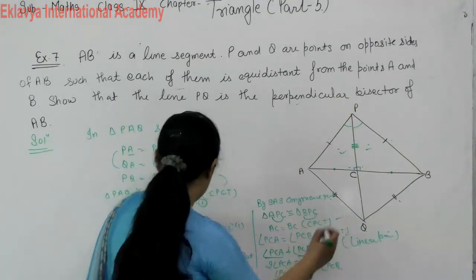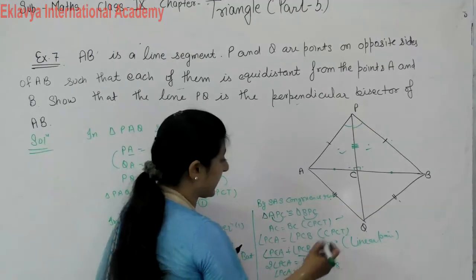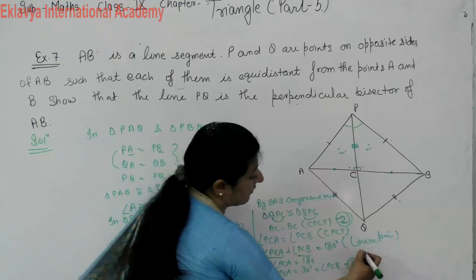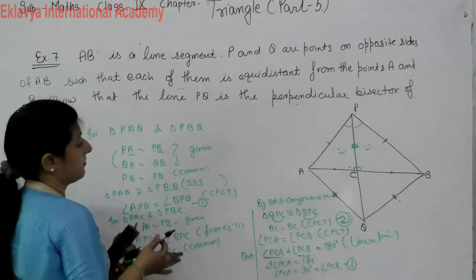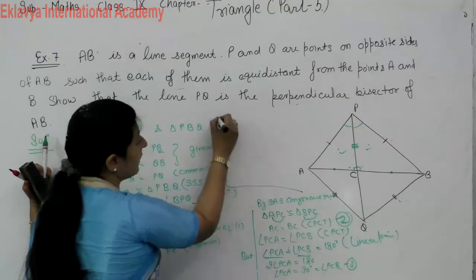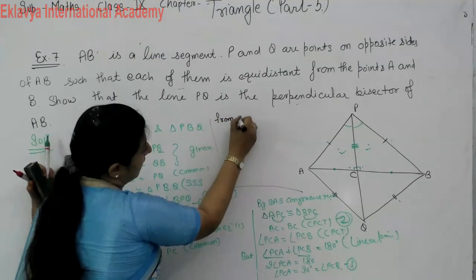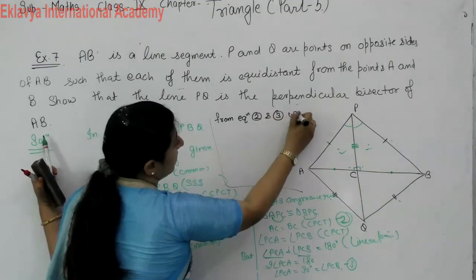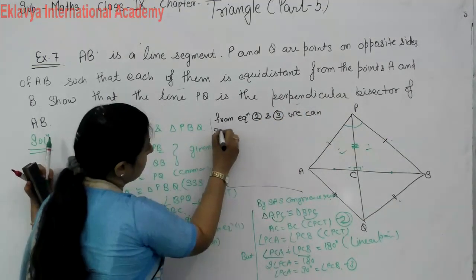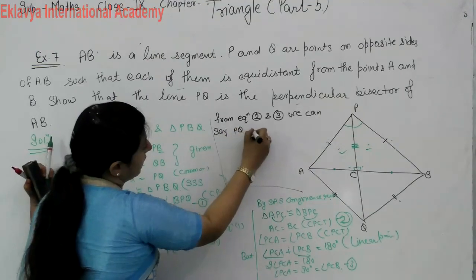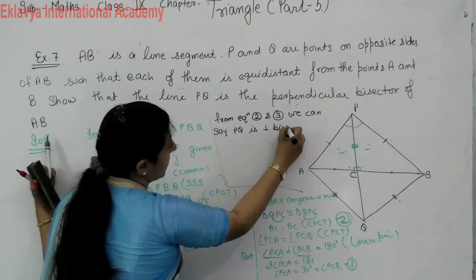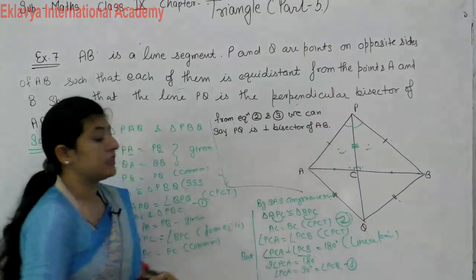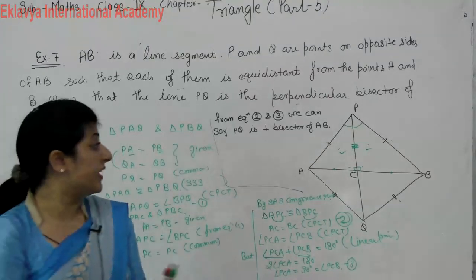Then this equation we take second, and this one we take third. Then from equations second and third we can say PQ is the perpendicular bisector of AB.